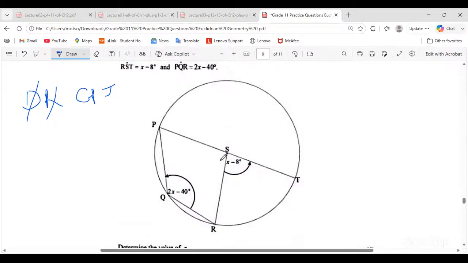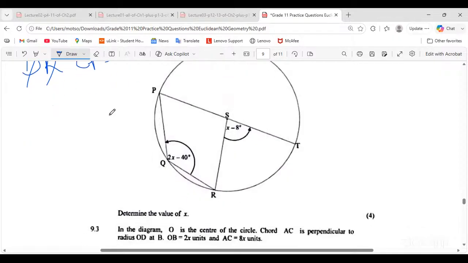Therefore, PQRS is not a cyclic quad. The parallel lines, we do not have any parallel lines. Then we go for the T, which is the tangent. We don't have any tangent here in the question. Now, let us go to the questions and see what we can do.